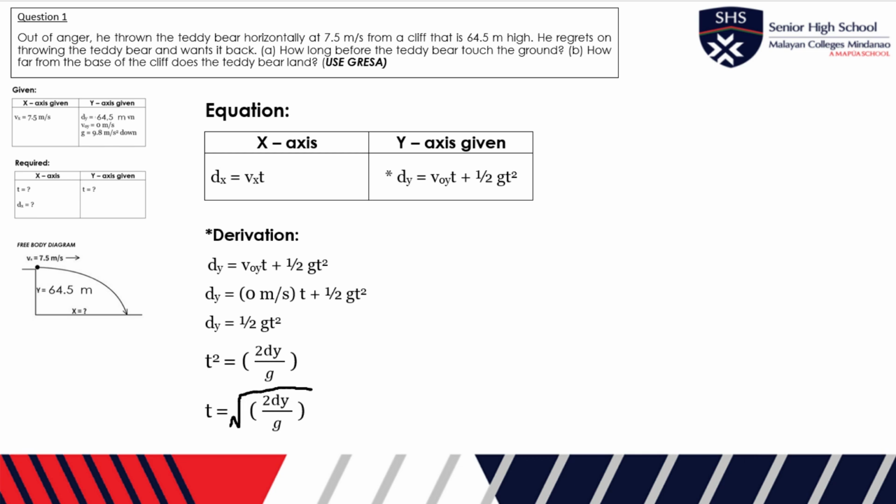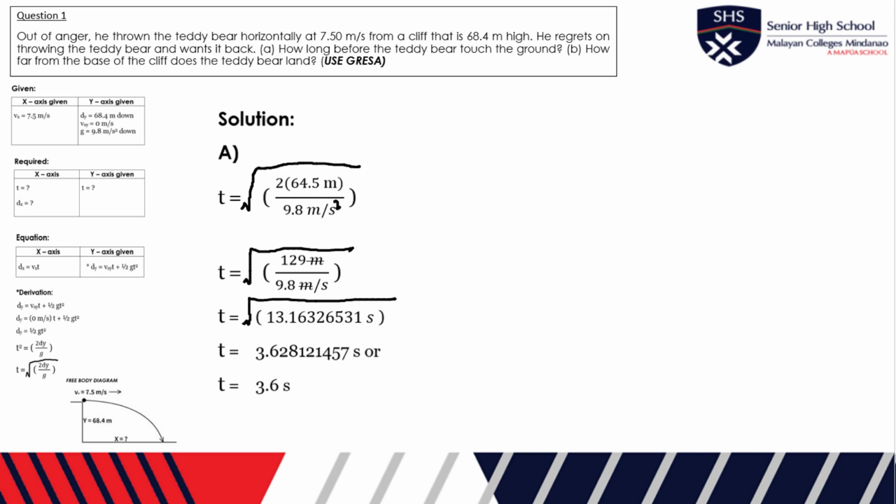Now we just need to eliminate the square for time, and to do that, we just take the square root of it, giving us a final equation of t is equivalent to the square root of 2 d sub y over g. Now, can we solve this time? Of course, because we now have the final equation derived. For the solution in letter A, you just need to copy the equation that we came up with and substitute its values.